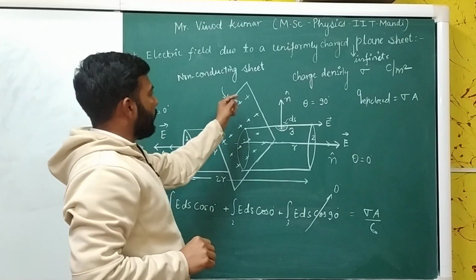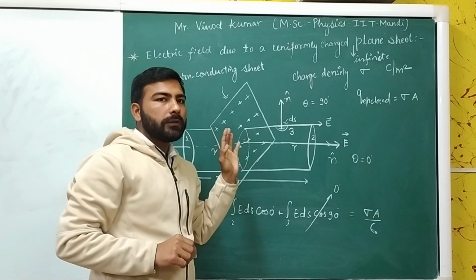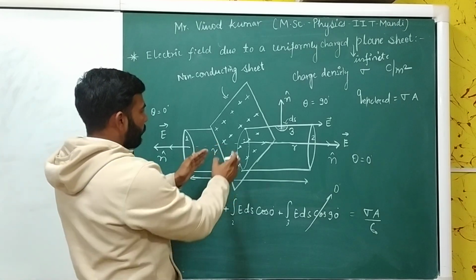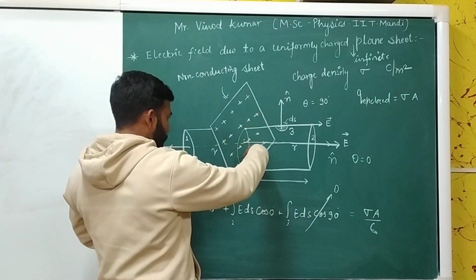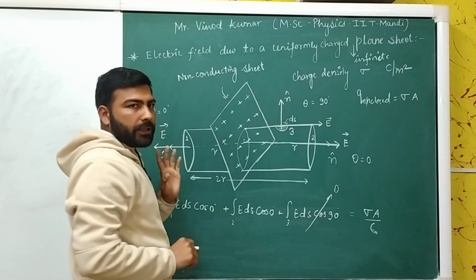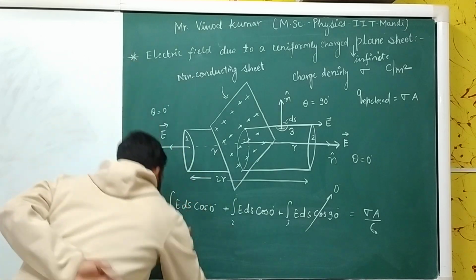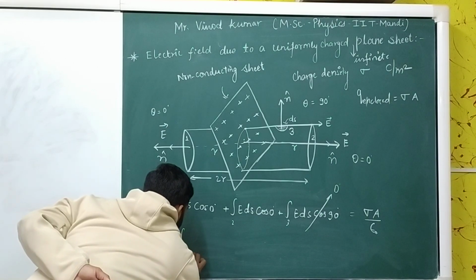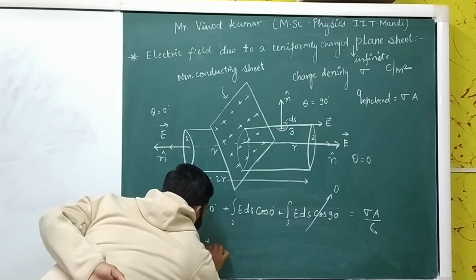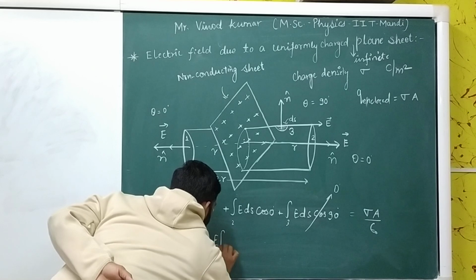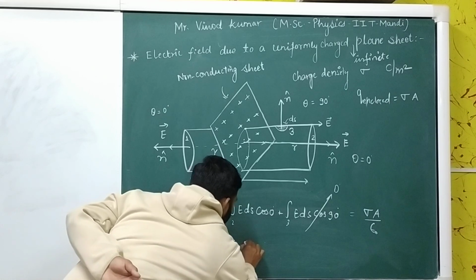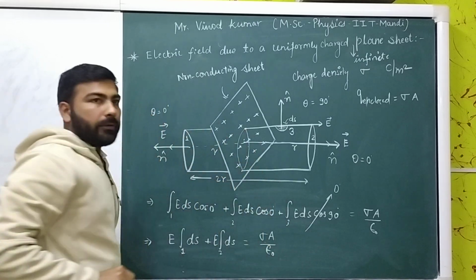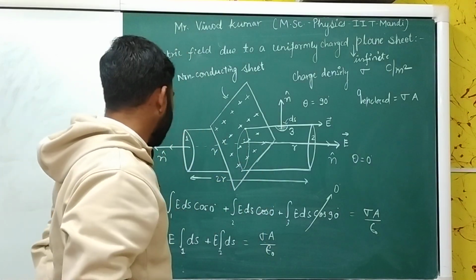And as we can see, the sheet is infinitely long, so the electric field for this particular area is constant. That is why it can be taken outside of the integration. So it will be E into the first ds plus E into the second ds equals sigma into A upon epsilon naught.